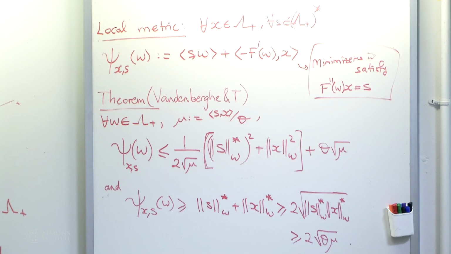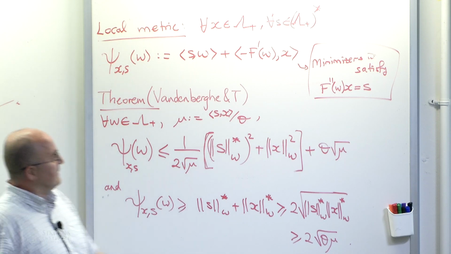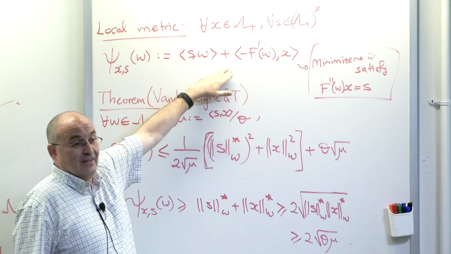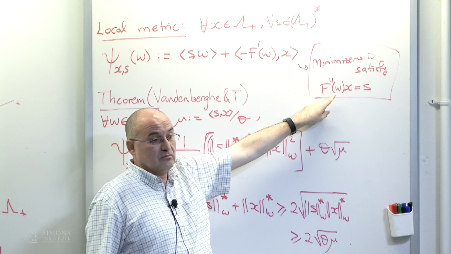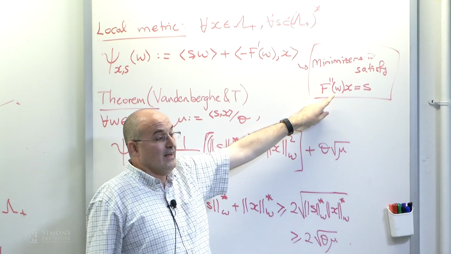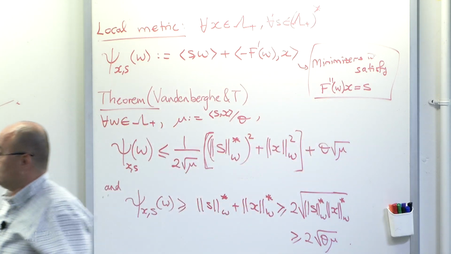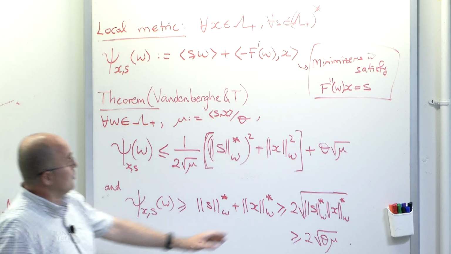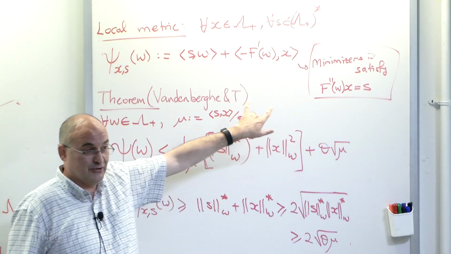Okay, so the algorithm, I'm just going to say what it does instead of writing it. The algorithm minimizes this and finds such a W, approximately if you like, and then looks at how closely the central path equation is satisfied. If it's satisfied close enough, it uses this as the metric to find the search direction.